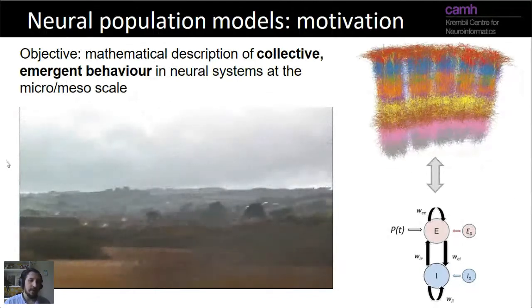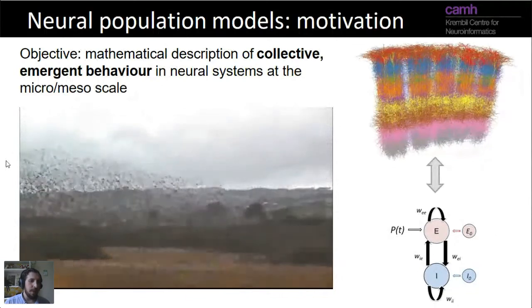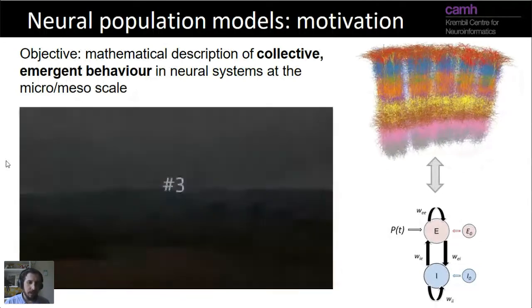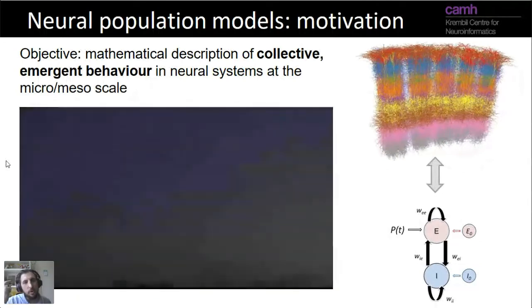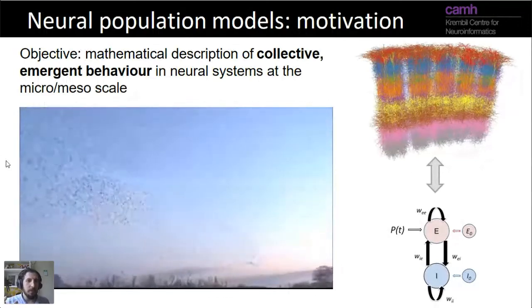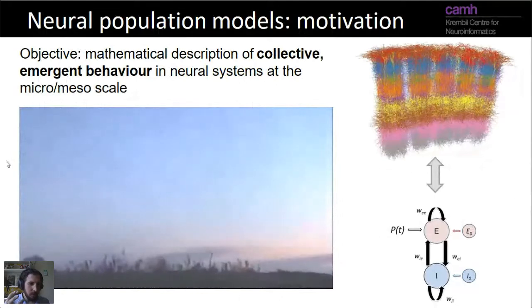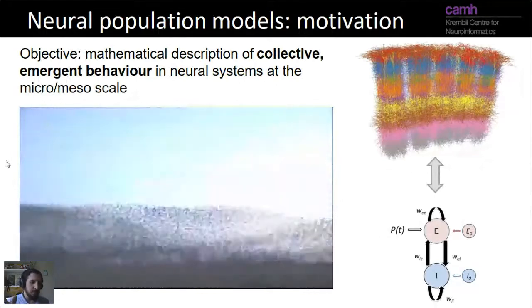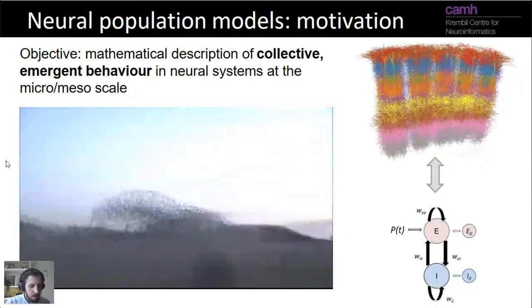As an individual entity, and try to arrive at a description that characterizes it at that level. Okay, so that's really what we're trying to do with neural population models. But rather than working with a bird flock or an insect swarm, we're working with a cortical column, for example, or a large population of neurons.